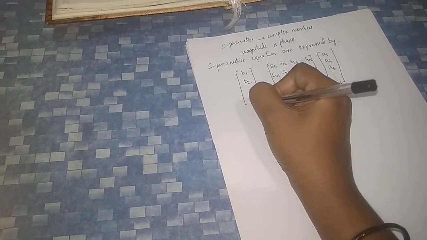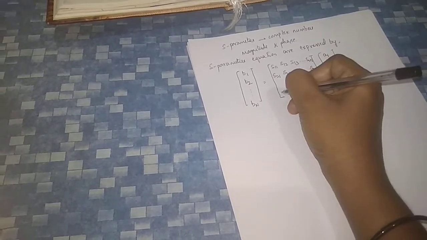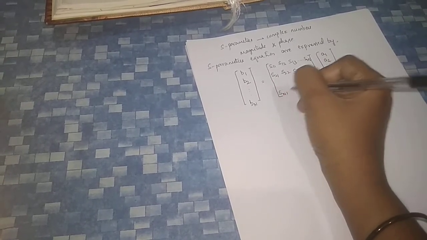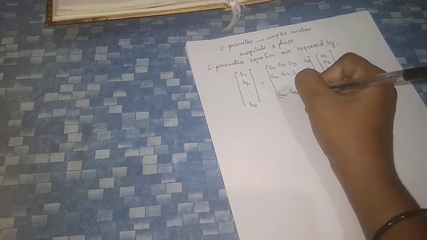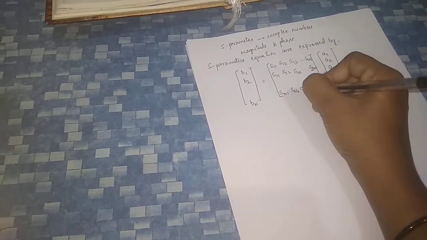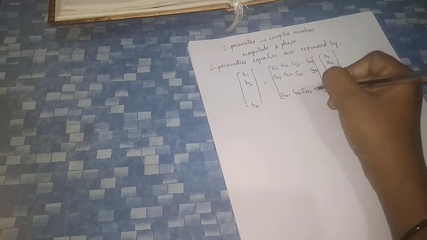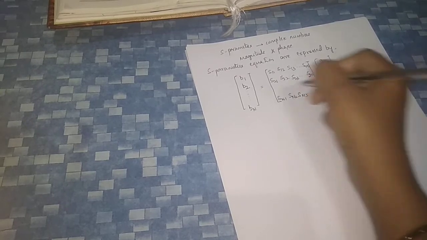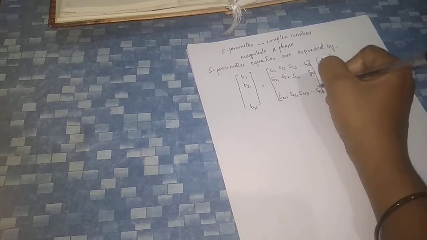So this becomes Bn, which will be equal to Sn1 into A1 plus Sn2 into A2, Sn3 into A3 up to Snn. This also you can extend. This is how you will represent S parameters in the form of equation.